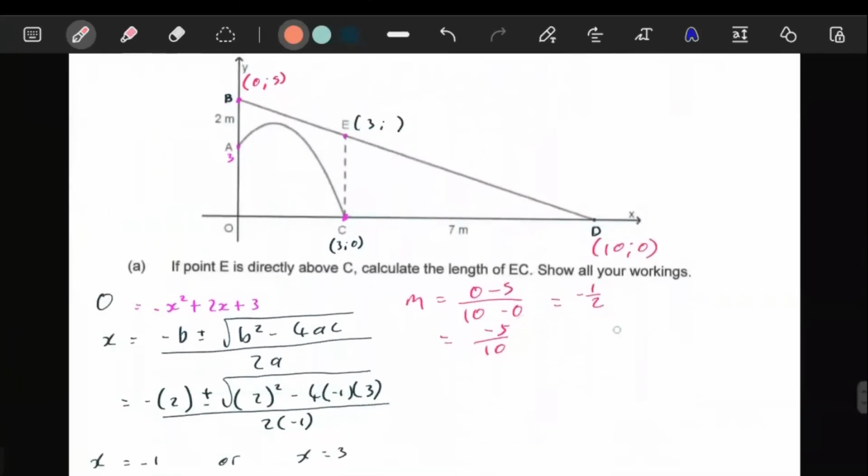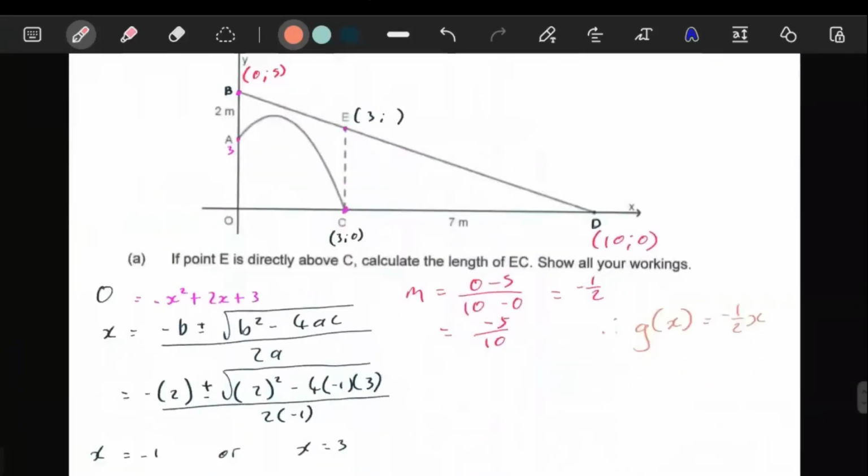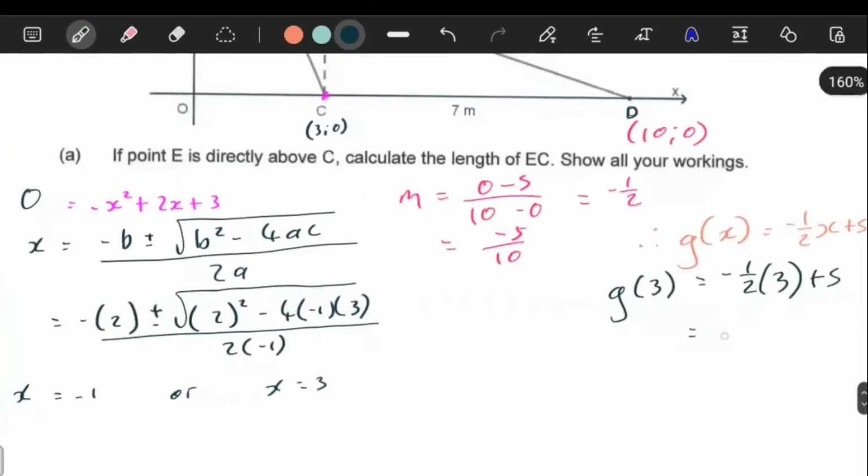In the equation of g, plus 5, you want to throw in an x value of 3 so that you get the y value here. Negative this, 3 over there, plus 5. This is like -3 over 2 plus 5.